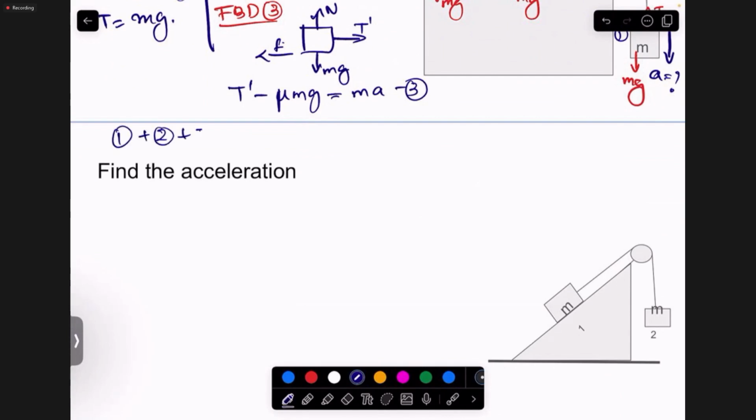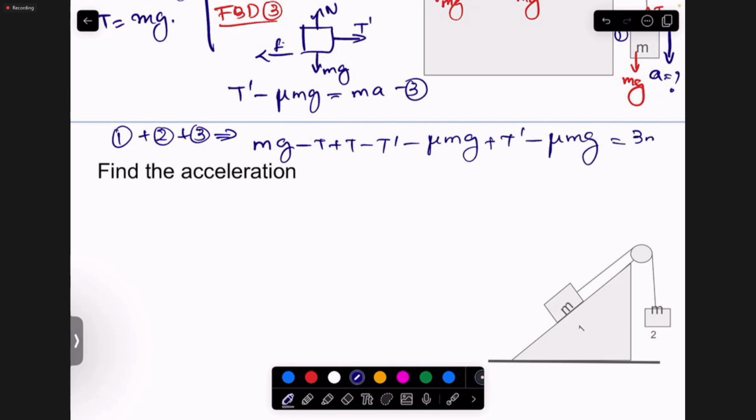Now all the equations together, if we add, you'll be getting mg minus T plus T minus T dash minus mu mg plus T dash minus mu mg equal to 3ma. So this T and T get cancelled, this and this get cancelled, all the m can be cancelled.